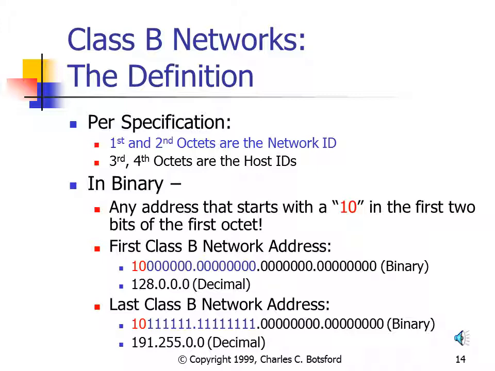Now, the last possible Class B network address would be 191.255.0.0, because 191 is the last number in decimal that starts with a 10 as the first 2 bits of the first octet. So that's the last Class B, and in that case the network ID again would be 191.255, and then the host ID would be the last 2 octets.